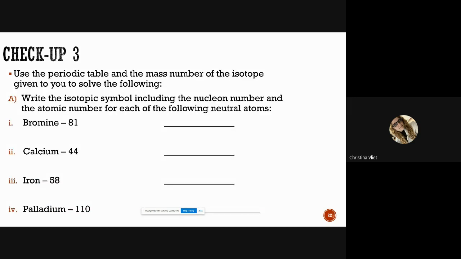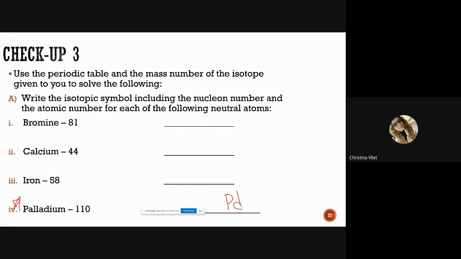All right. Let's pick one of these. For fun, let's do palladium. Why not? Palladium-110. We're only going to do one of these. Write the isotopic symbol for palladium-110. Where's palladium? So you've got Pd.